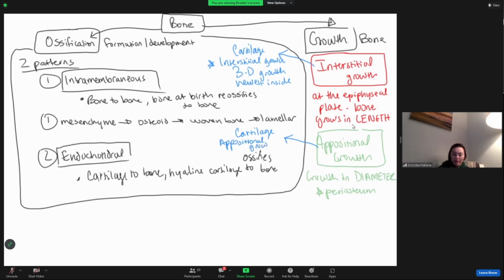So this is why on the test you might get a little confused. Same exact name, but in cartilage, this was growth at the periphery or the perichondrium. Good. Periosteum, appositional growth in bone. Perichondrium, appositional growth in cartilage. Periphery is the word we're looking for in cartilage. This is like the edges, versus in bone, it's at the diameter, like growing around.